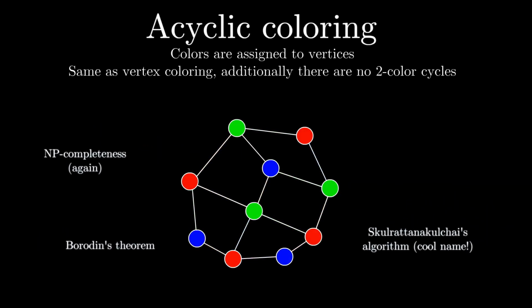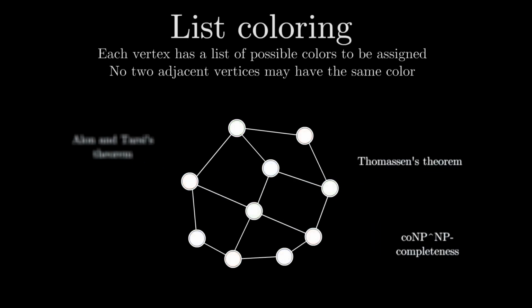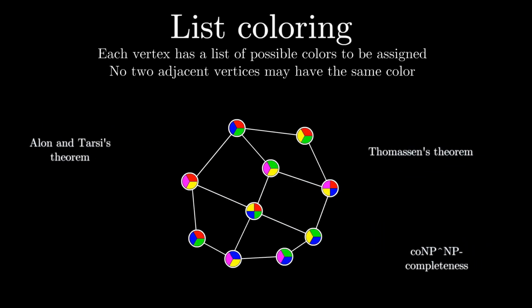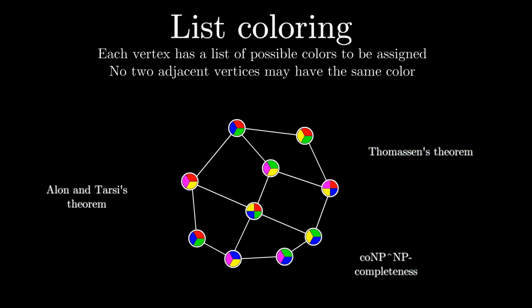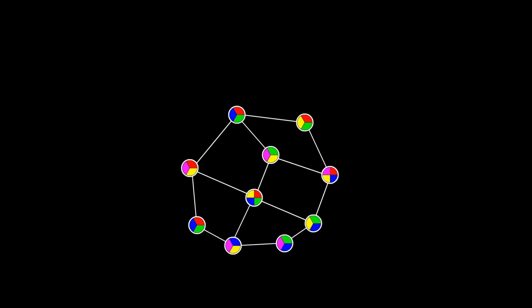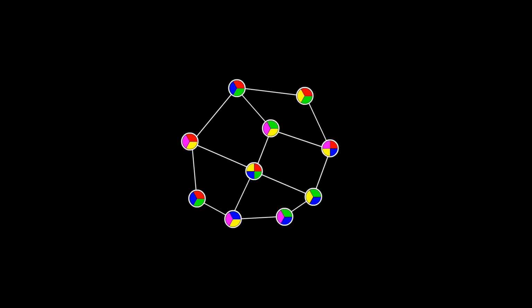The one specific variant of graph coloring I will be discussing in this video is list coloring. And why did I decide on this one? That's because there is one result in this area which has an especially nice and short proof that I want to show you. List coloring is just like regular vertex coloring, just that each of the vertices has a particular list of colors you have to choose from.